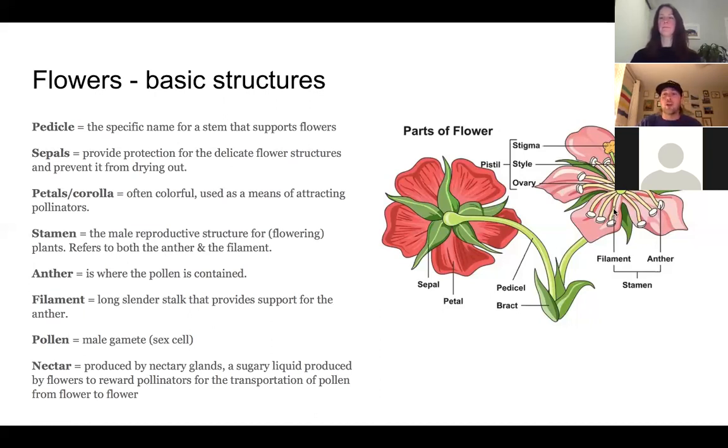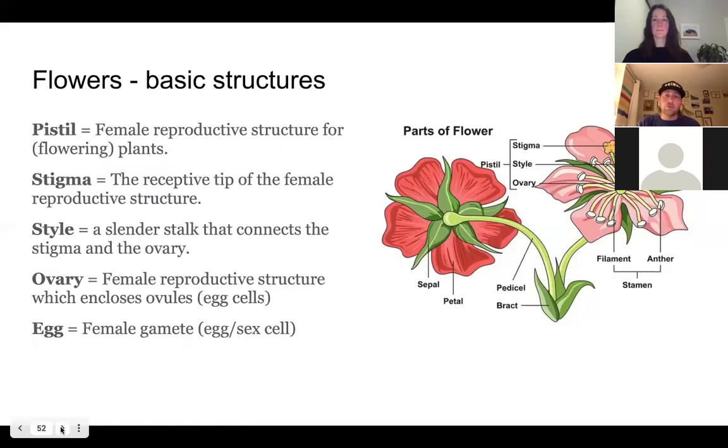It's held up there so that when a pollinator comes in to get some of the nectar, the pollinator is going to brush up against that anther and pick up some pollen on its hind legs or its belly. As it flies to the next flower, hopefully it is deposited into the female reproductive structure, which is called the pistil.